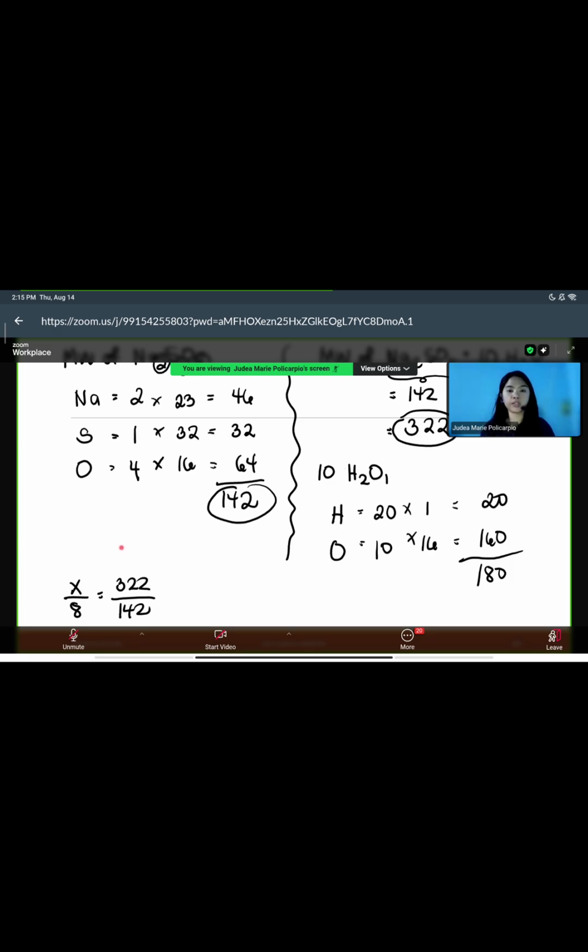Ito yung molecular weight ng ating hydrated over the molecular weight of the anhydrous. So, ito na ngayon yung working equation natin. Uy, may fraction sa left, may fraction sa right side. What's the most mathematical thing to do in here? Crisscross. Cross multiplication. So that means we have x times 142.